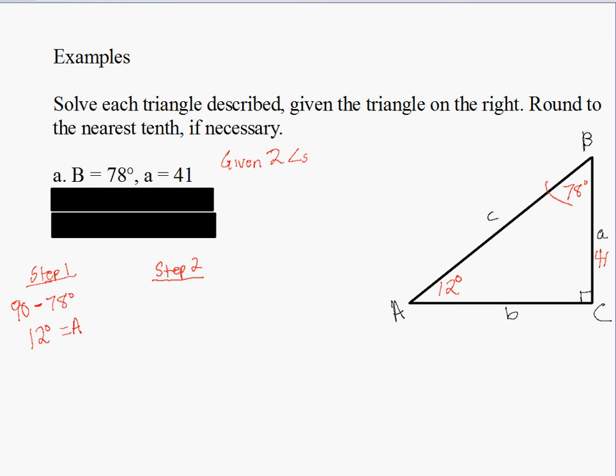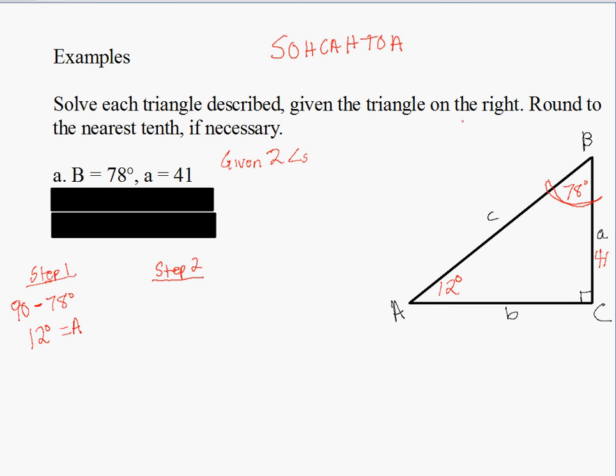I'm going to use 78 because they gave me 78. I'm going to use this 41. Now, this is not an opposite. This is not a hypotenuse. This is an adjacent. So I have two choices when it comes to using adjacent. I can use cosine or I can use tangent.